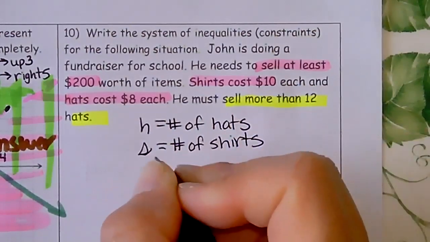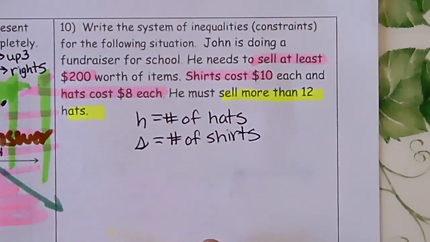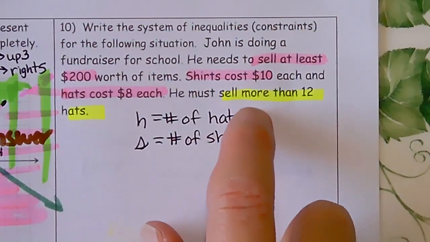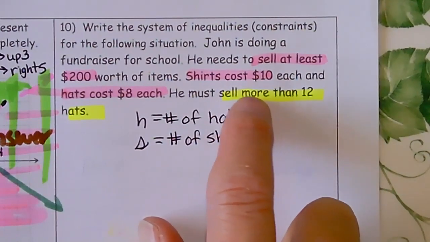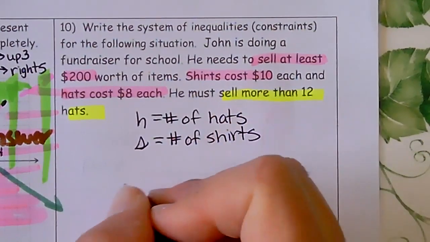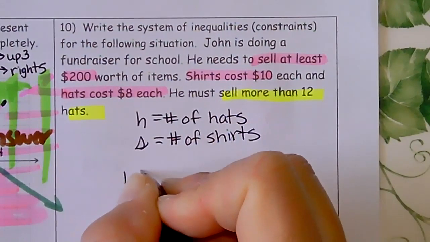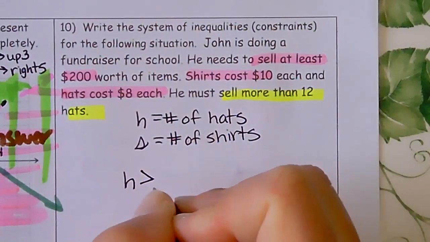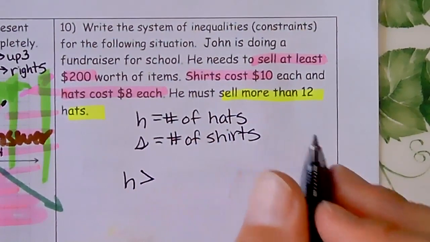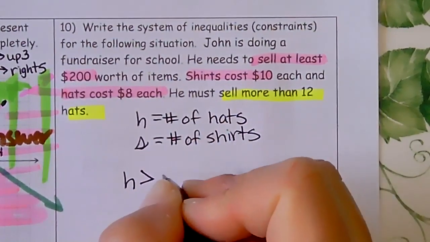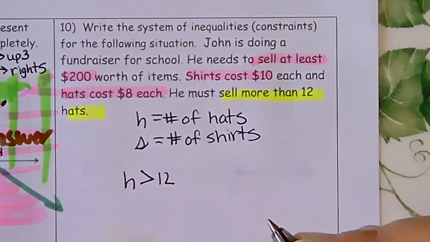I'm going to do a cursive S so my S doesn't look like a 5 halfway through. Now, the easy one to do is this yellow one. He needs to sell more than 12 hats. That's going to be hats greater than 12, not equal to. He doesn't need to sell 12 or more. He needs to sell more than 12. So that's that inequality.